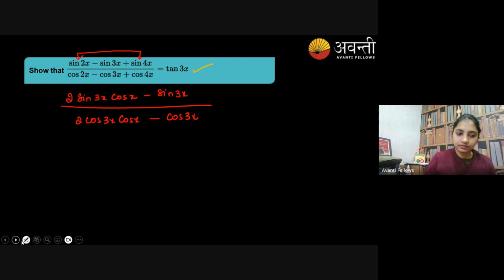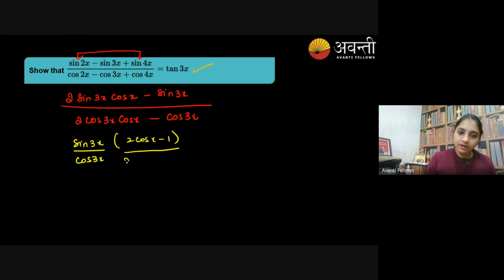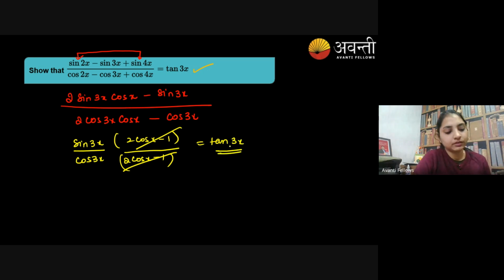Right, dear students? It means sin 3x is common, cos 3x is common. So you will get 2 cos x minus 1 divided by 2 cos x minus 1. So they are cancelled. It will be tan 3x. What do you say? Clear? Any doubt? Any confusion?